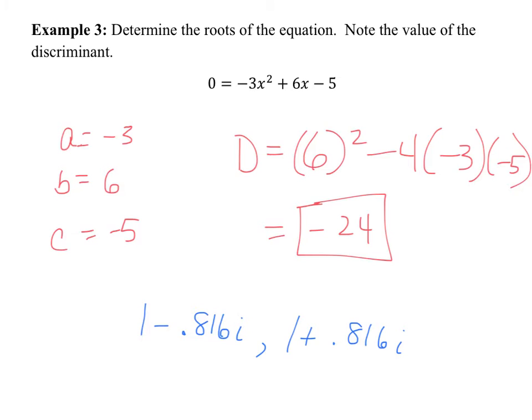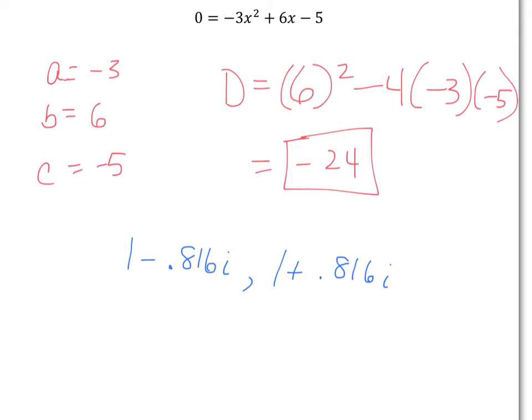So for these roots, how would I classify them? What term would I use? Imaginary, irrational. Imaginary, for sure. And they're irrational. But what was the term that indicated that I have 1 plus something and 1 minus something? We've been doing this when our denominator is irrational.